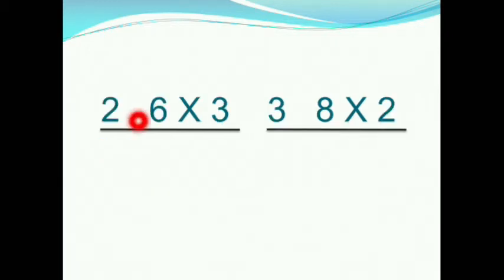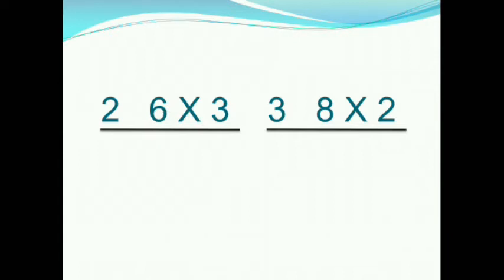Children, here we should find the product of 26 into 3. Here, which is the multiplicand? Yes, 26 is the multiplicand and 3 is the multiplier. First, we should multiply 3 and 6. 3 6s are how much? Yes, 3 6s are 18.